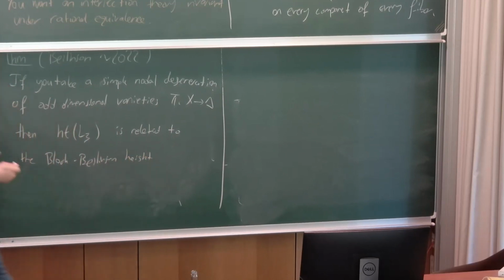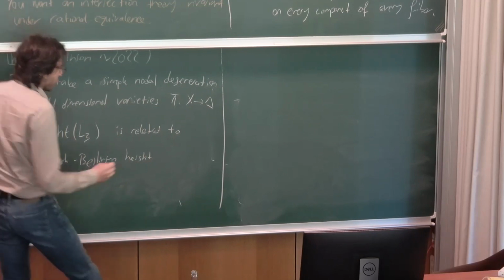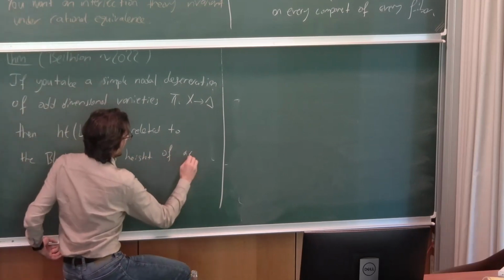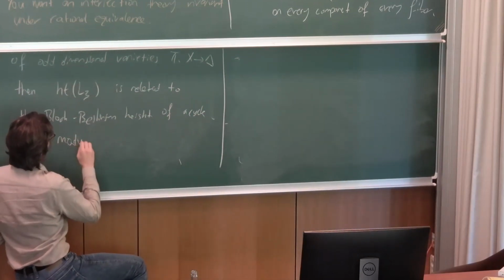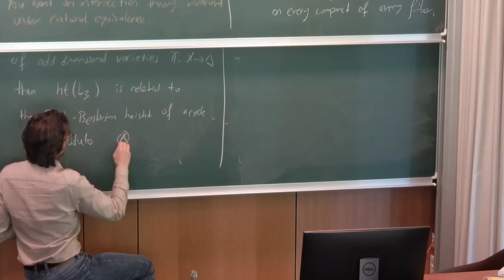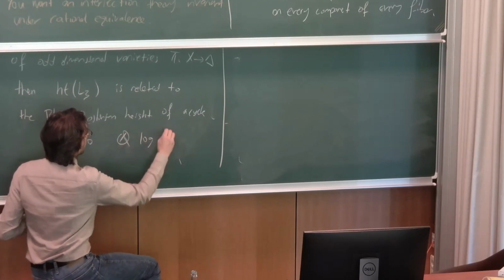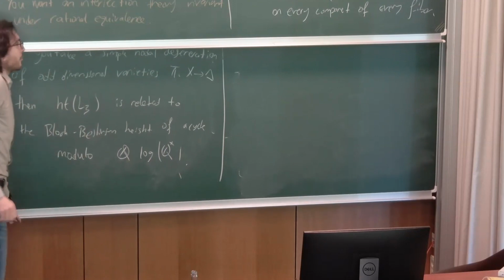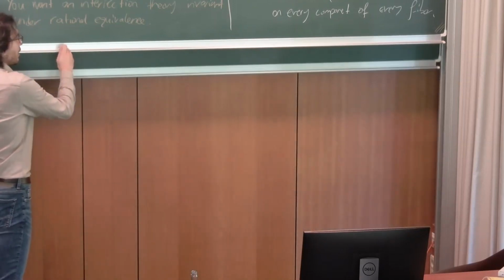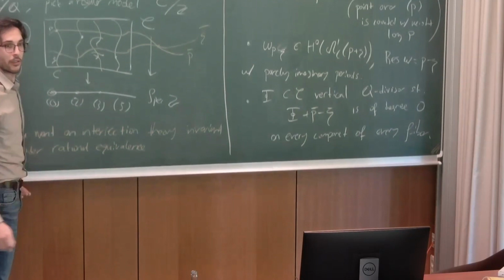of something. So it's going to be the difference of two rulings living in the exceptional divisor if you blow up the node. That's a cycle, modulo Q log Q. Again, assume the central fiber is irreducible.